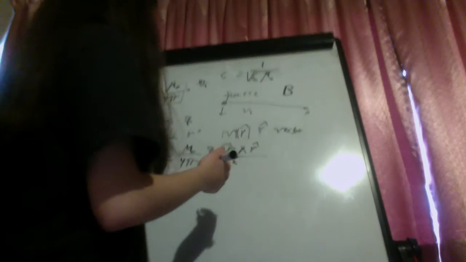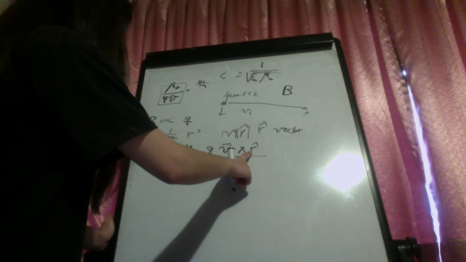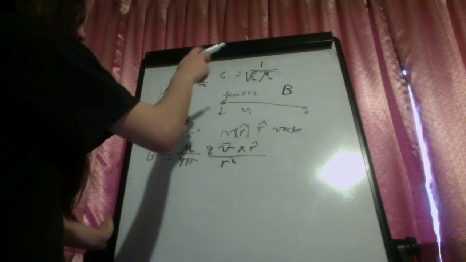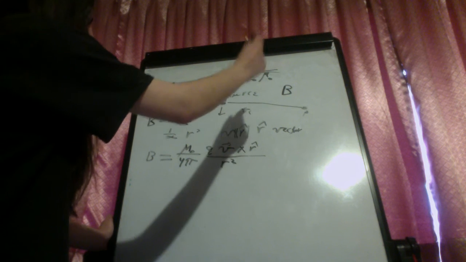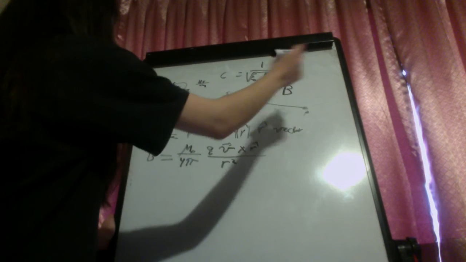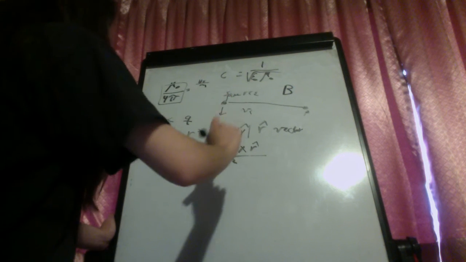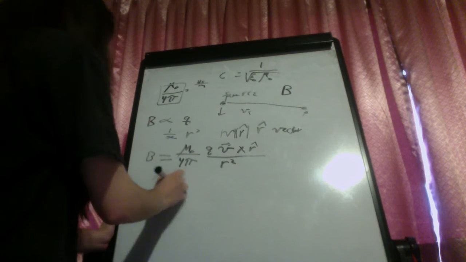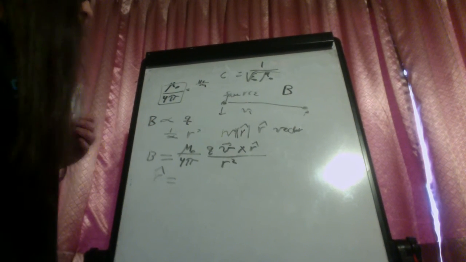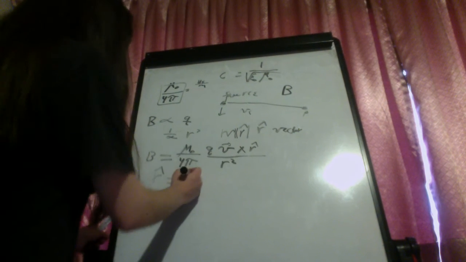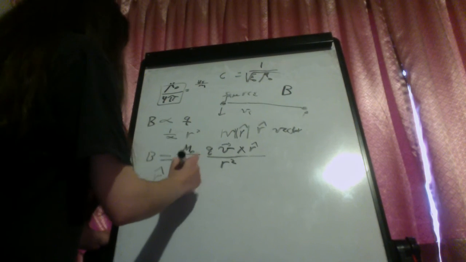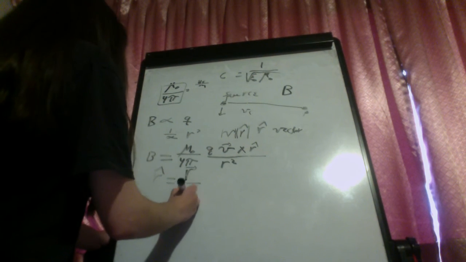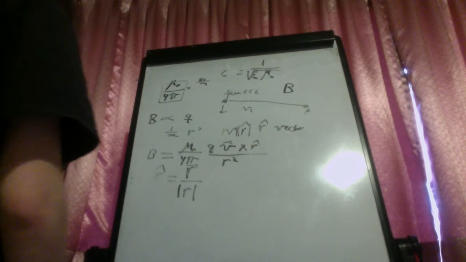Another way to put it, if you don't want to write the unit vector but just the distance: r caret, the unit vector r, can be written as the r vector divided by the magnitude of r vector.